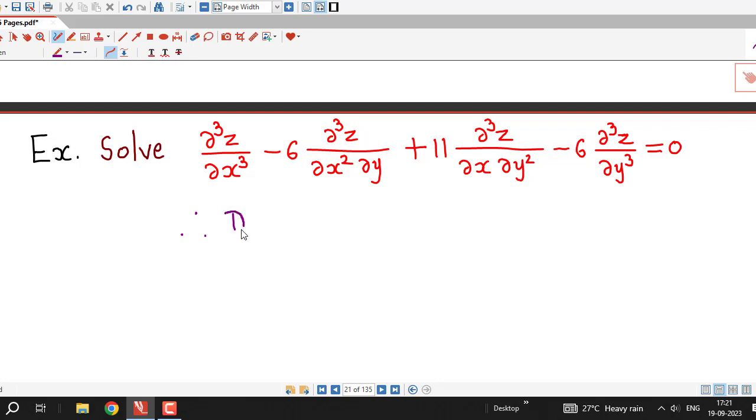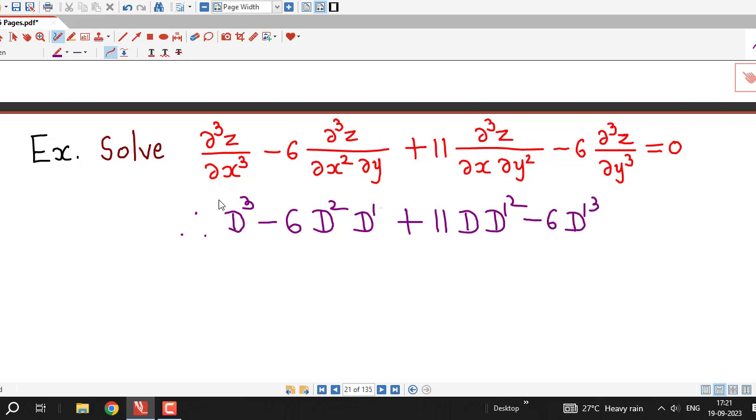This is third order partial derivative with respect to x, that is d cube, minus 6 times partial derivative with respect to x 2 times and with respect to y single derivative, plus 11 times partial derivative with respect to x single time and with respect to y 2 times, and here partial derivative with respect to y 3 times, that is we write d dash to the power 3, z equal to 0.